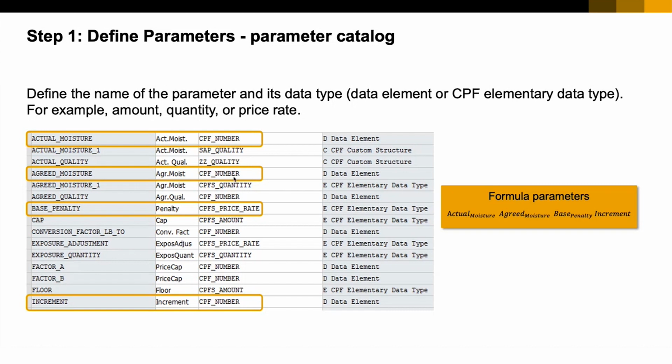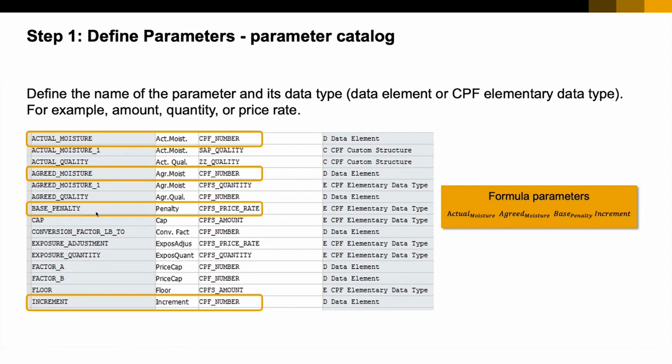And there are certain bodies also for you to explore if something else is required. So for all the actual moisture and agreed moisture, where no percentages or scales or increments are involved, we suggest that we tag them with these CPF number data elements or data types.